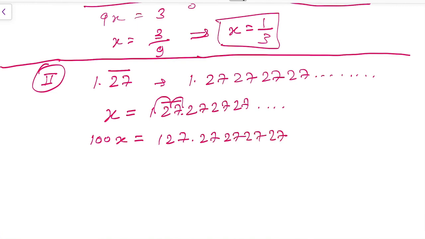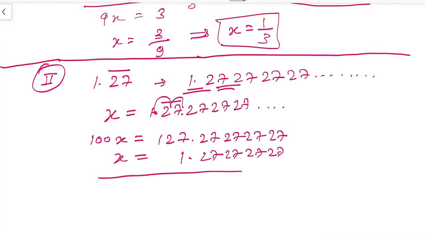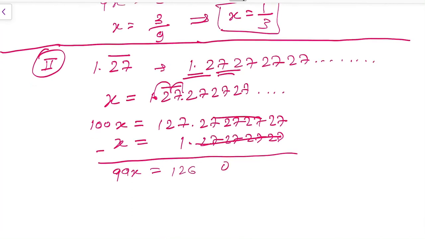Now we subtract the original number from this number. Point comes below point, and we get 99x on one side and 126 on the other, since the decimal parts cancel completely and give 0.